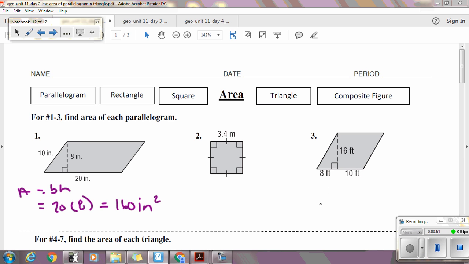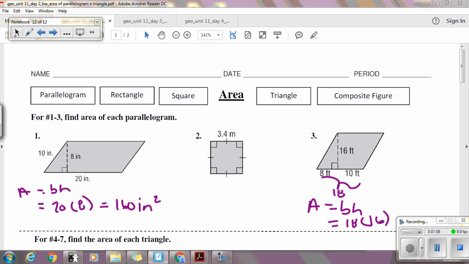For number 3, again, it's a parallelogram, and the area is base times height. Our base is broken into two pieces, so we combine them to get 18. And our height is 16.